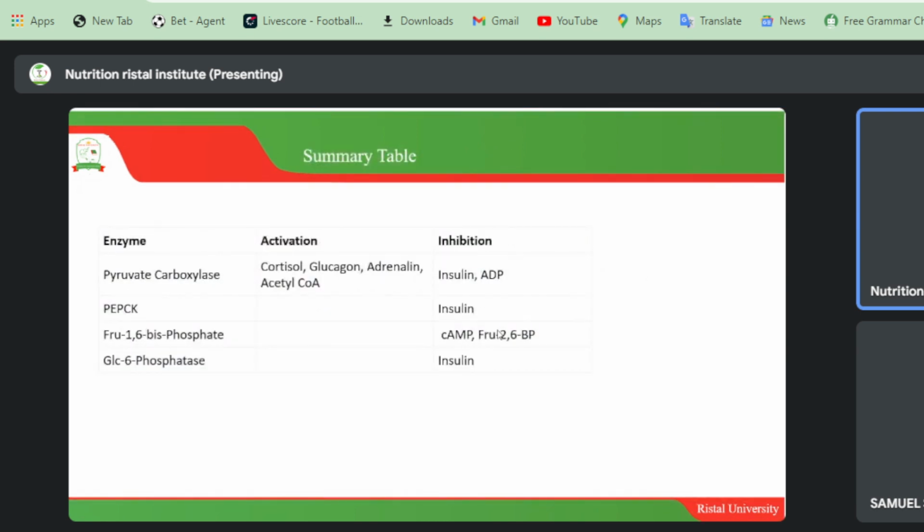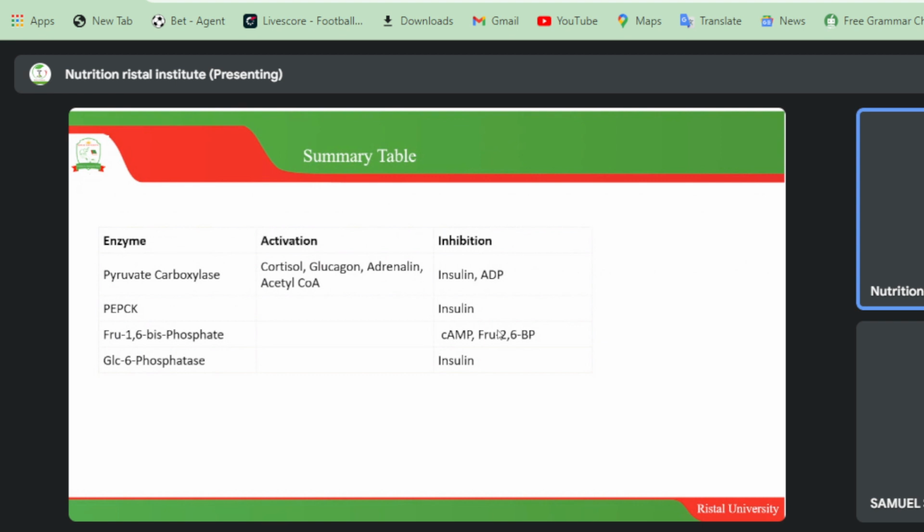A summary table right here says the enzymes, activated by and inhibited by. So we have pyruvate carboxylase, which is activated by cortisol, which is a corticosteroid, glucagon, adrenaline, acetyl-CoA, and it's inhibited by insulin and adenosine diphosphate.